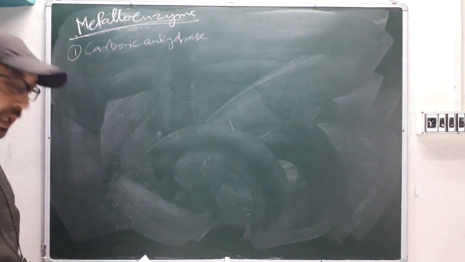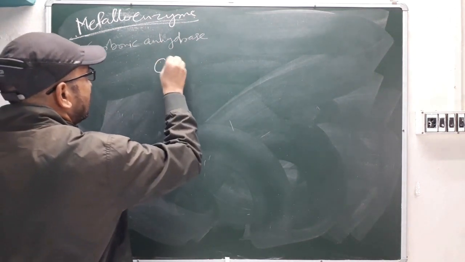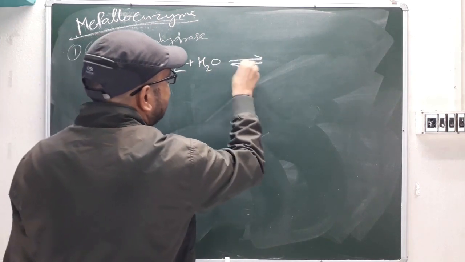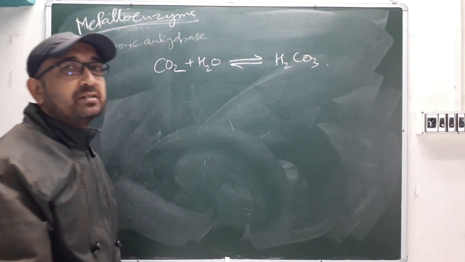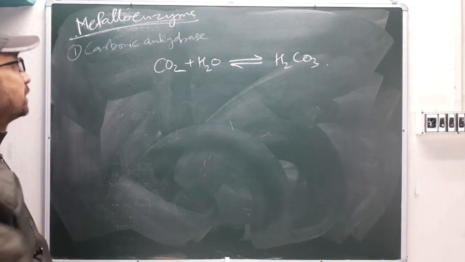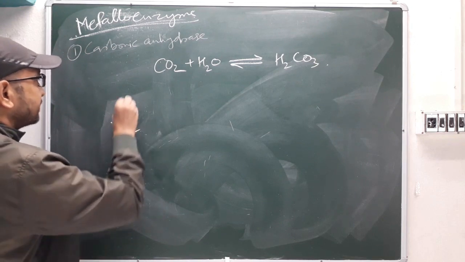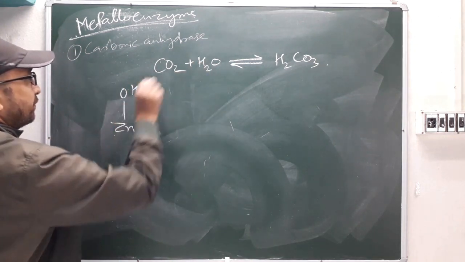What will carbonic anhydrase do? The carbon dioxide, in the presence of water, will be changed to H2CO3, carbonic acid. For this we require carbonic anhydrase. See the enzyme's active site. Here it will be OH2, and this OH2 reacts with the carbon dioxide.